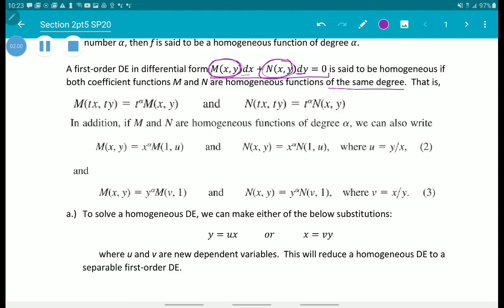So in other words, if we were to take m and substitute in tx and ty, and we were able to get m times t to some power out, and then do the same kind of thing with n by substituting tx and ty, and get n with t to some power out, and those powers are the same, then we say we have a first order differential equation that is homogeneous.